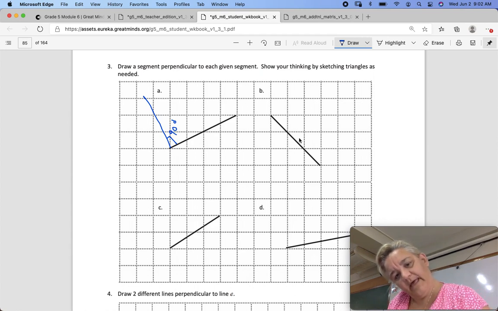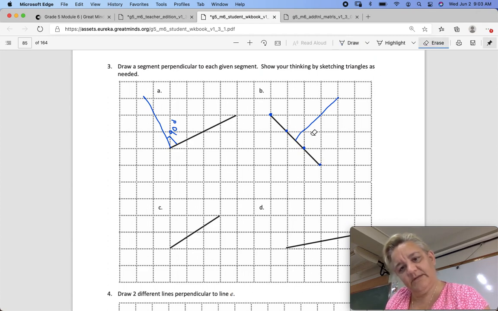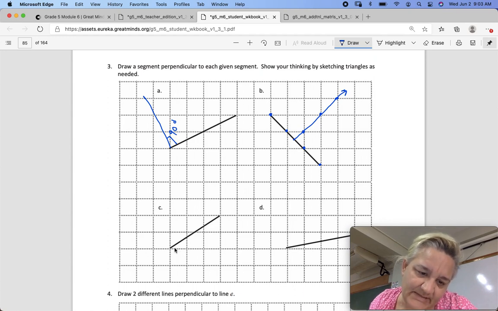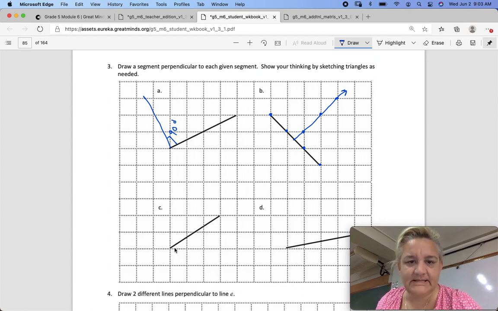And here, I can just go straight out like that. Do you see how I use the corners, these points, to help me with that one? I did the same thing when I drew this line there. I used this point and this point, because I know that those are perfectly intersecting lines, and that is a right angle.